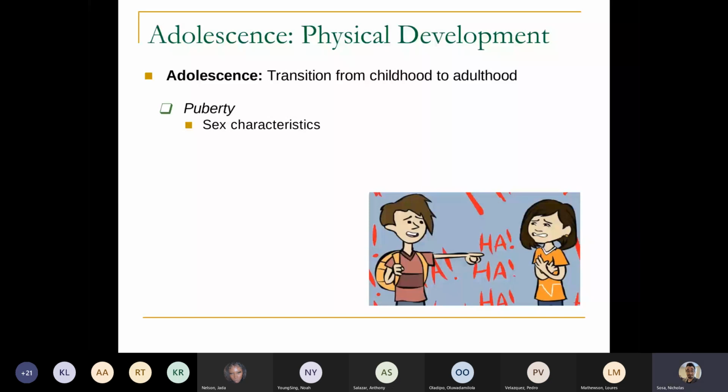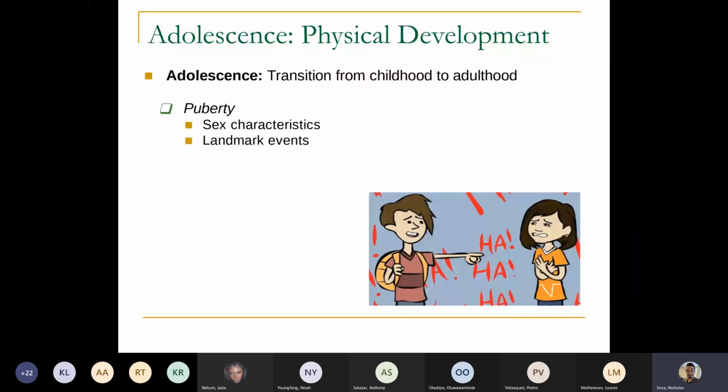Additionally, the landmark events for when boys and girls reach puberty is vastly different, as I'm sure you know. For teenage girls, their landmark event is very clear, right? It's typically their first menstrual period. Whereas for teenage boys, their landmark event is markedly less clear.